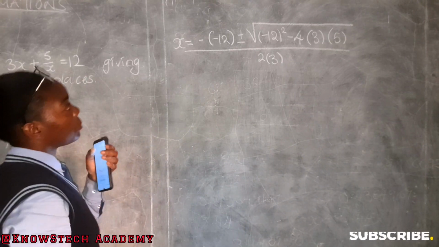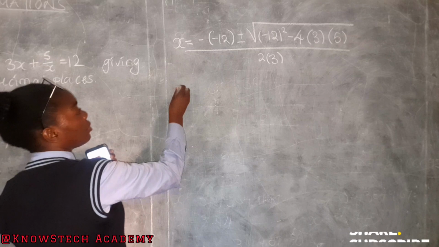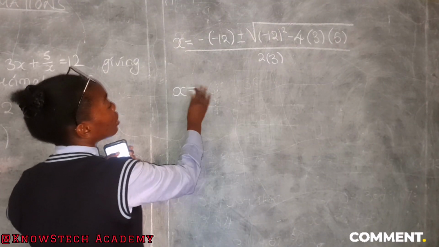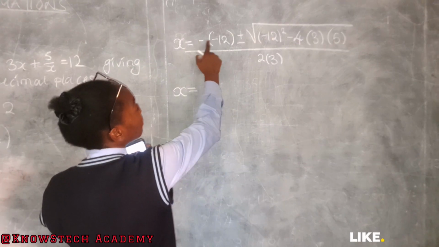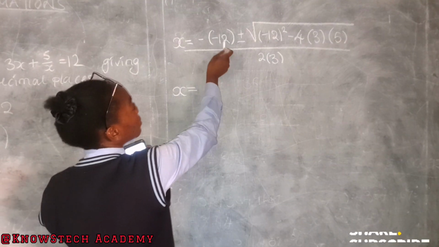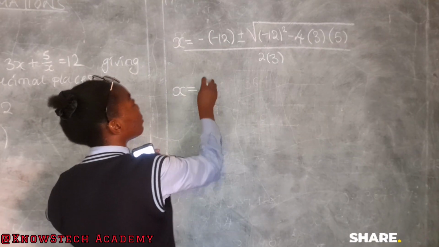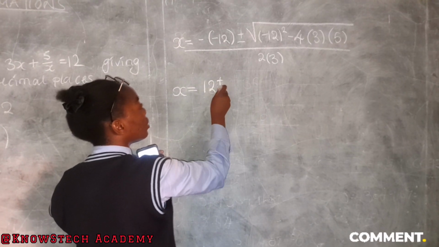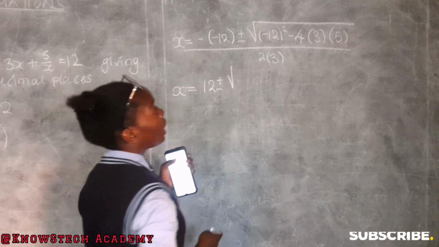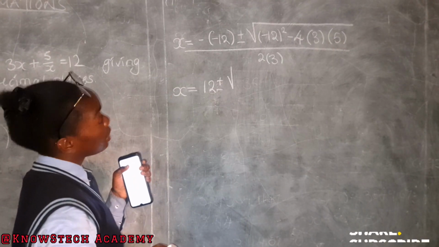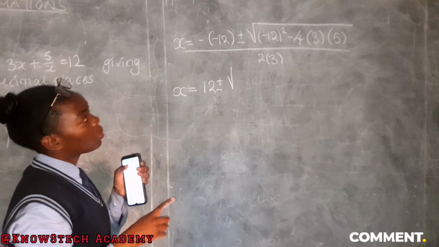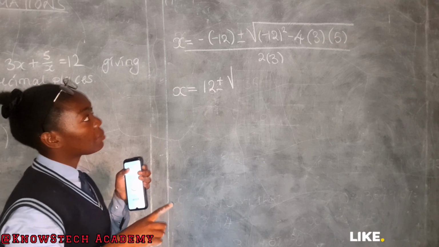Moving on, we'll write down our formula again. Then we'll put down the equal sign. Then negative times negative is positive. So negative times negative 12 is going to give us positive 12 plus or minus negative 12 to the power 2, which is negative 12 times negative 12.